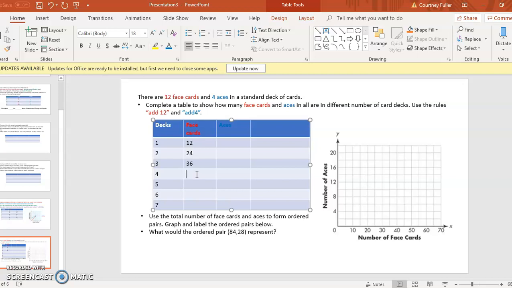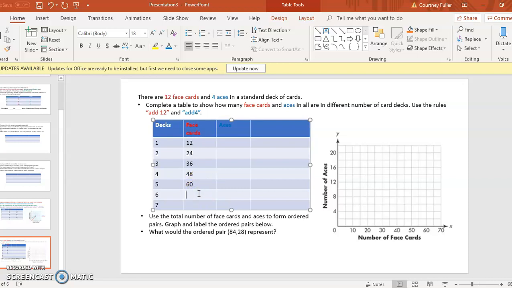Now we're on to our 4th deck. We had 36 face cards. Now we are on to deck 4 with 12 more face cards. 36 plus 12 is 48. Then we're on to deck 5. Deck 5 has 12 more face cards. 48 plus 12 is 60.